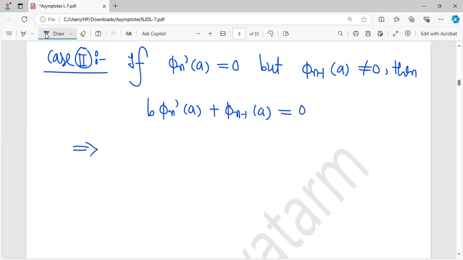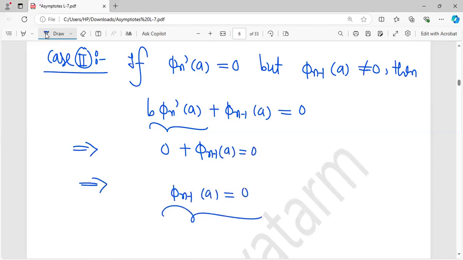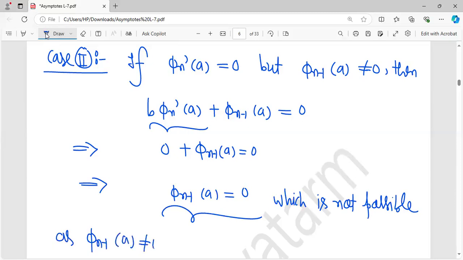Putting these values in here, this part will be 0 and this will be phi n minus 1 (a), which is not possible, as phi n minus 1 (a) is non-zero.